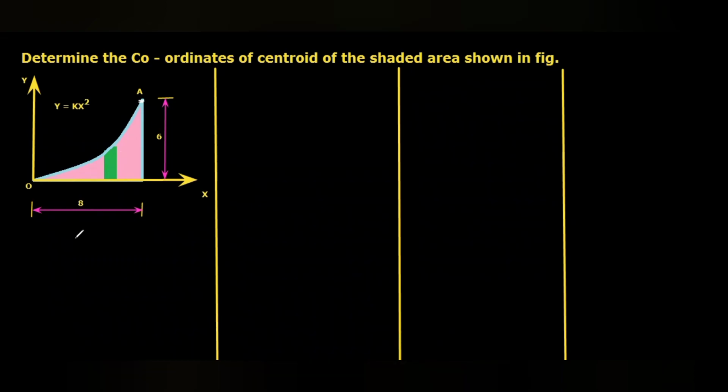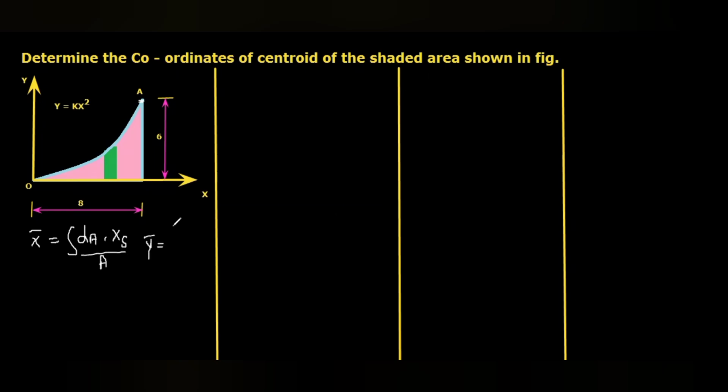So X bar will be integral of dA, where dA is the area of the considered strip, multiplied with x suffix s. Yes, this xs means the horizontal distance of the strip, or of the area of the strip, from the origin O, divided by the total area.